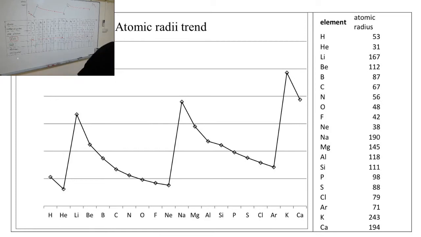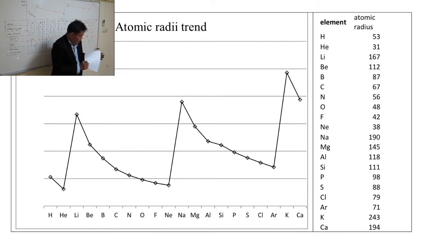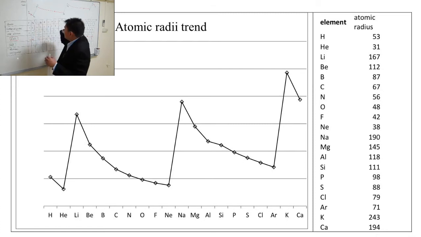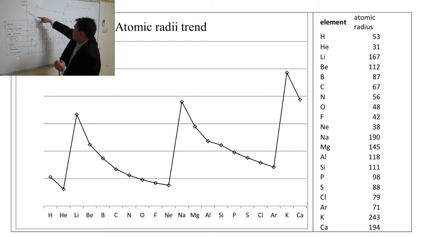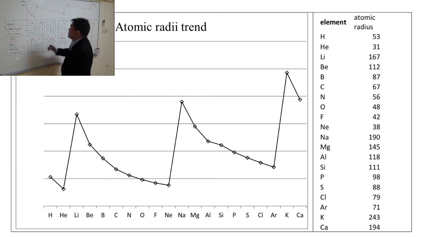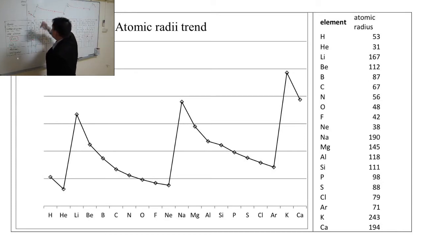So if you look at the answer key, it looks quite similar, right? In general, it will decrease across a period, then it will have a big increase when you change the period. We can put an extra explanation here. This from helium to lithium is because you add one more shell.